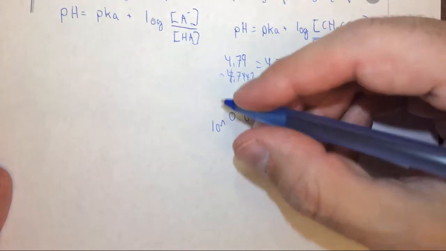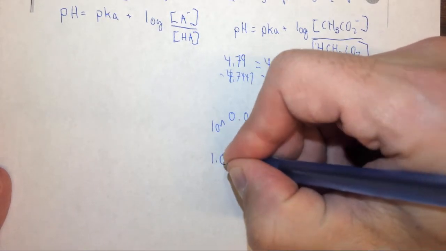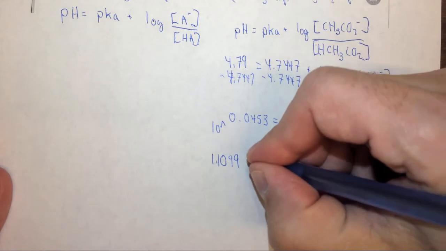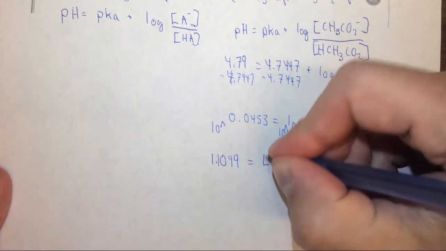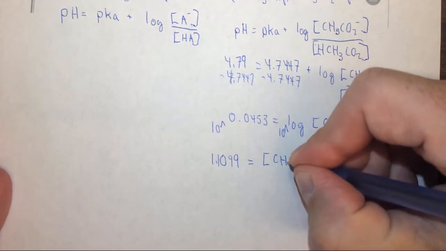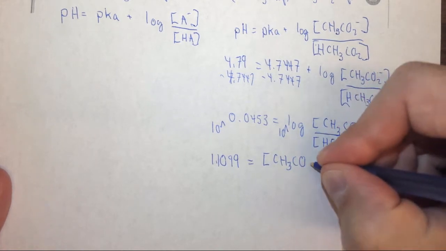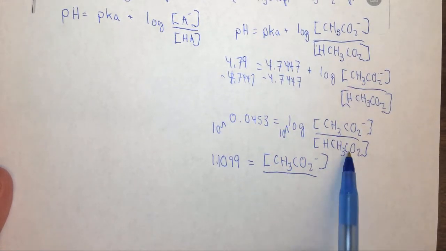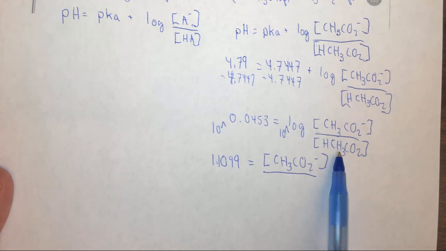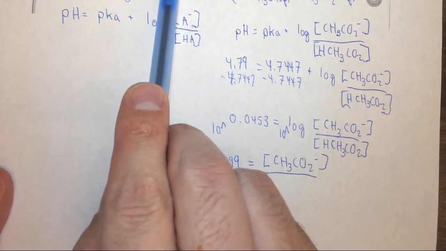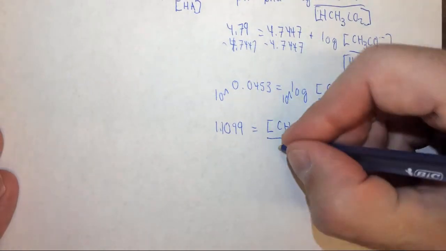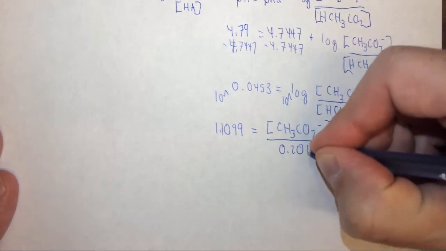And when I do that, I get that 1.1099 equals concentration of CH3CO2 minus over, I'm now also going to plug in for this, because I'm given this, the concentration of acetic acid, way back up in the question, is 0.2 molar. So I'm going to go ahead and plug in the 0.2 molar.